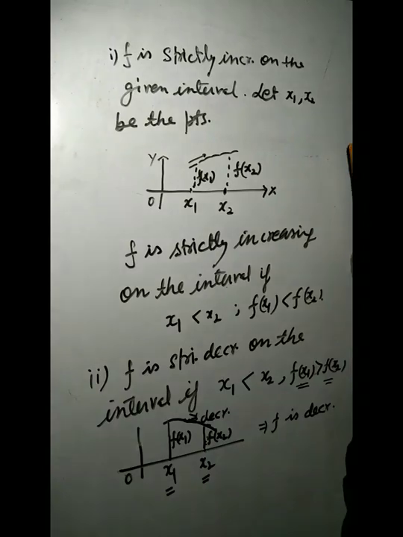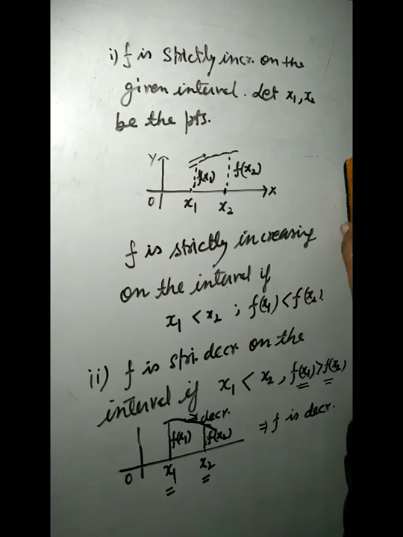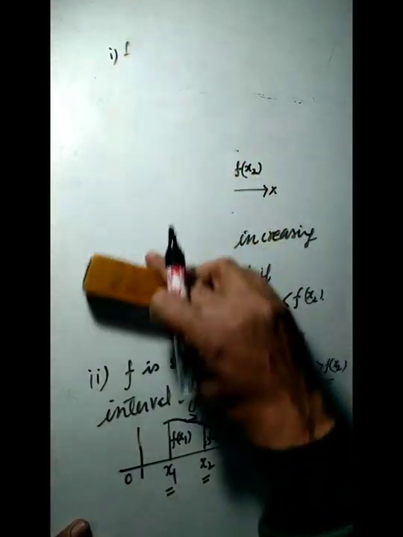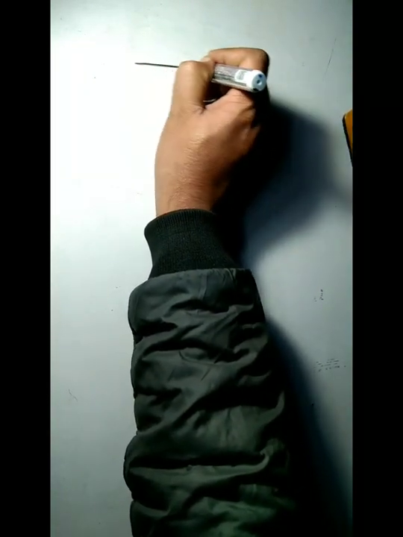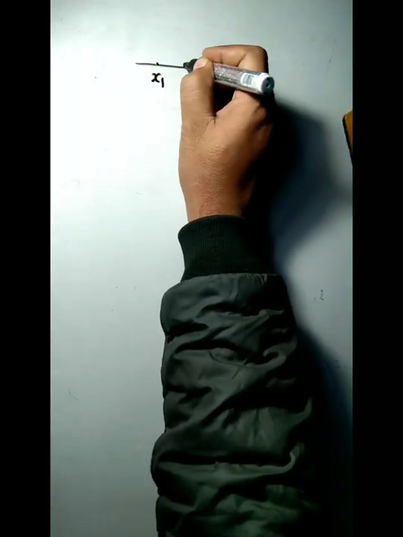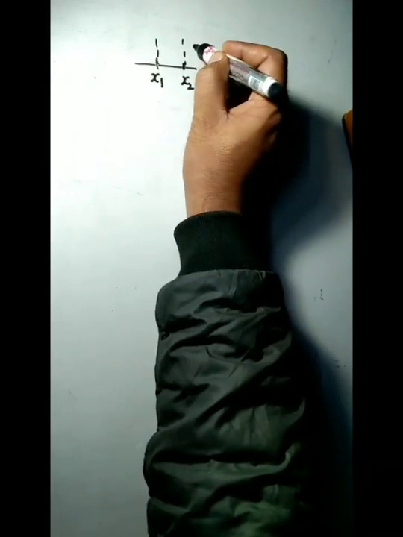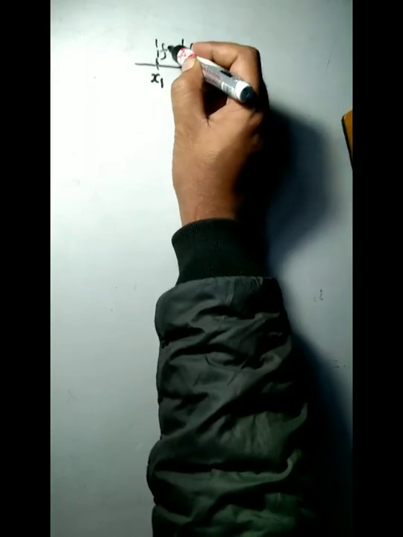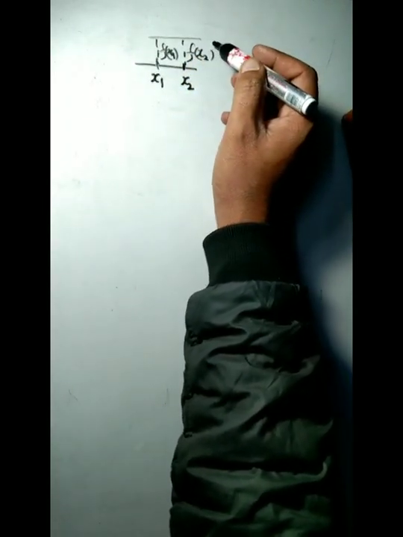Now let us take another kind, that is constant. For constant, let us draw, this is point x1, this is x2, and let us assume this is f(x2), f(x1).